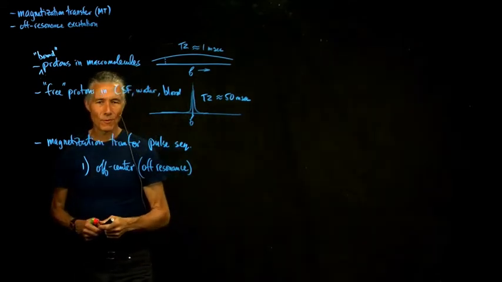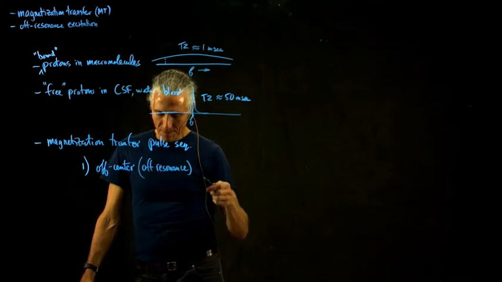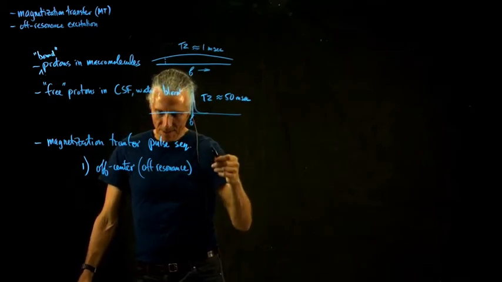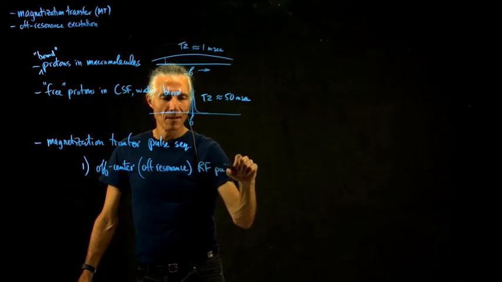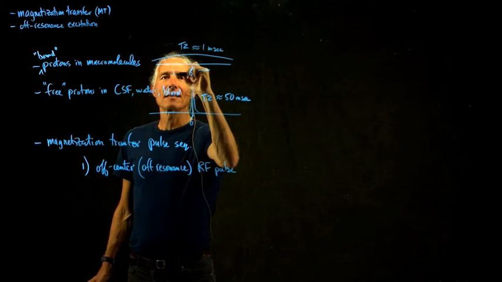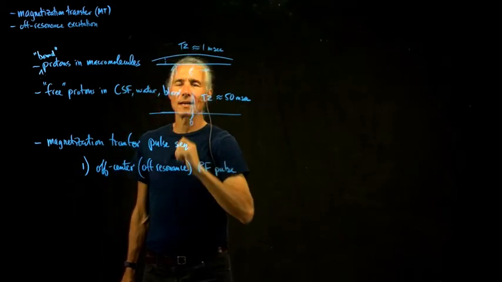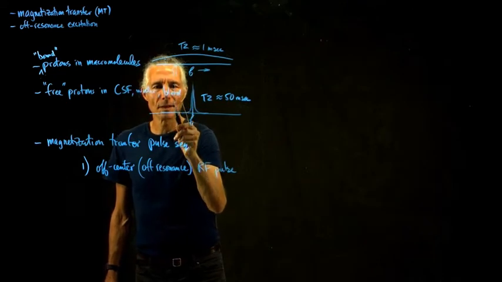So first we do an off center, off resonance RF pulse. What we want to do is basically just hit some of these guys, but not any of the blood.